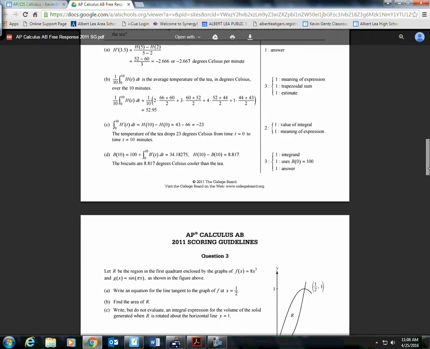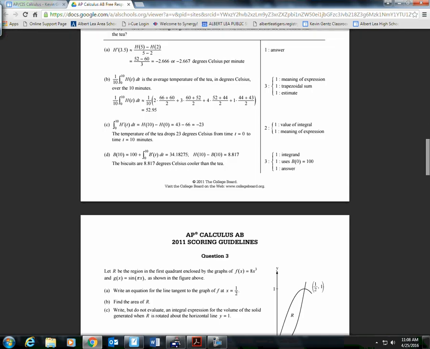Okay, here we go. So if you got the negative 2.667 degrees Celsius per minute, you would have 1 point. If you gave the correct meaning of this description, average temperature of the tea over the 10 minutes, that is 1 point. For setting up the trapezoidal sum is 1 point. For coming up with 5295 is 1 point.